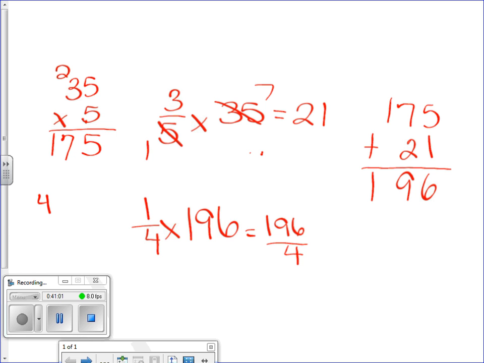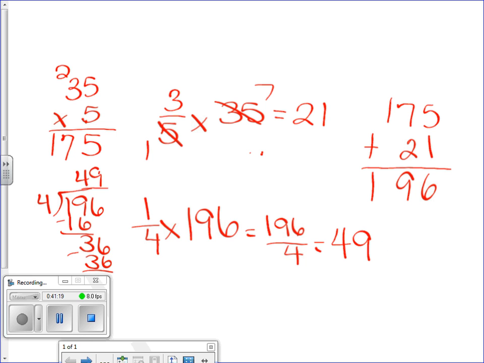So 4 into 196. 4 into 19 goes 4 times. 4 into 36 goes 9 times. 49 adults. And just did one step at a time. Use the information as it was given.